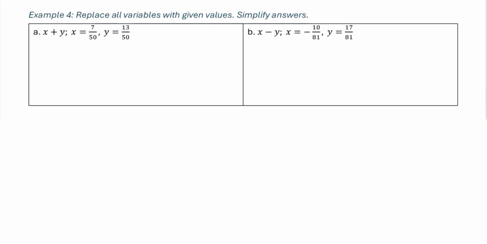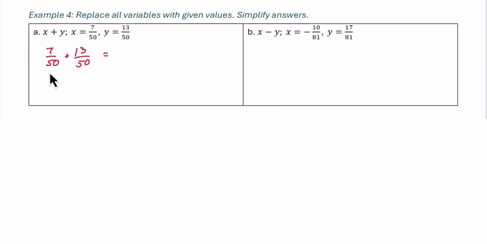In example 4, we are making a substitution before we simplify. X is 7/50 plus y, which is 13/50. So we're adding these two fractions. Recognize that the denominators are the same. We have like denominators or common denominators.